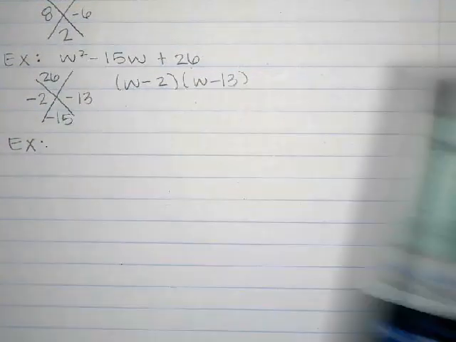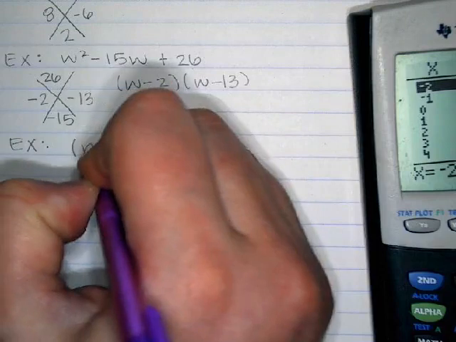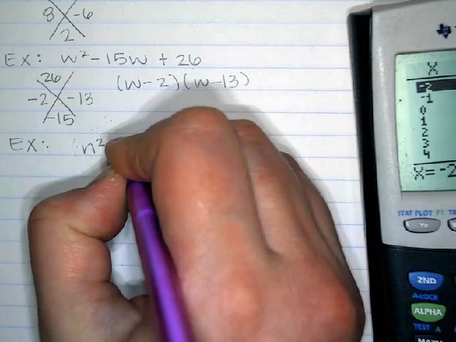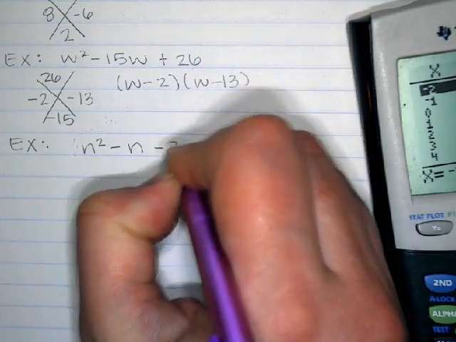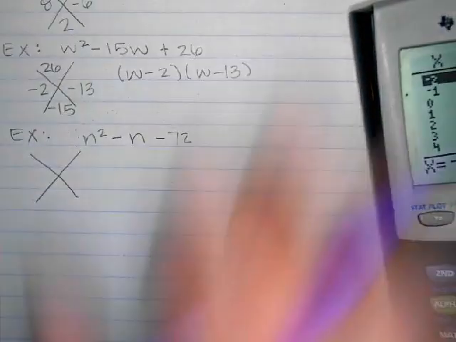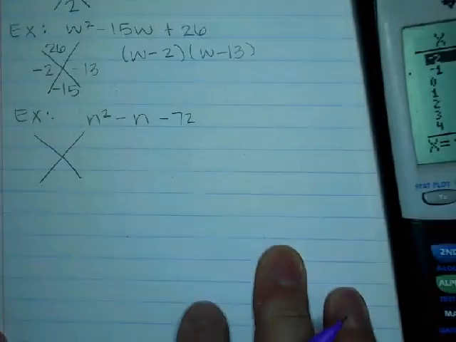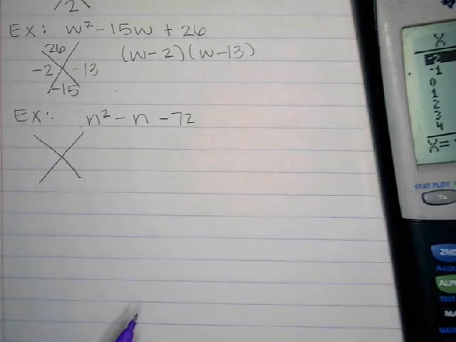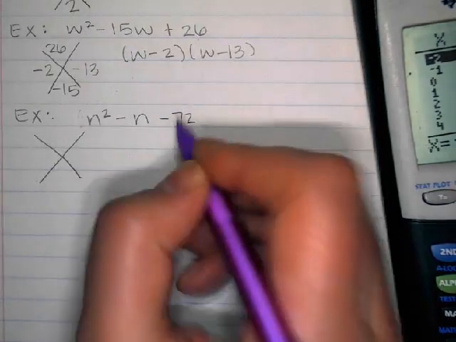All right, let's do n squared. You don't need a parenthesis there. N squared minus n minus 72. So we're looking for numbers that multiply to negative 72.